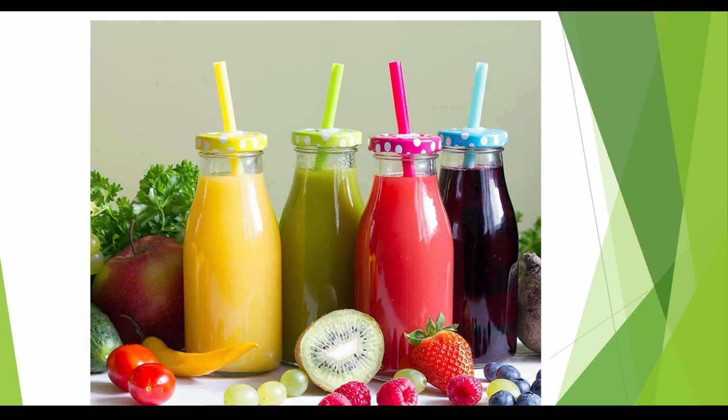In these containers we can store different types of juices, water, milk, any liquid item. But the jars are fixed. There is no change in the container. The material in the container will be changed.